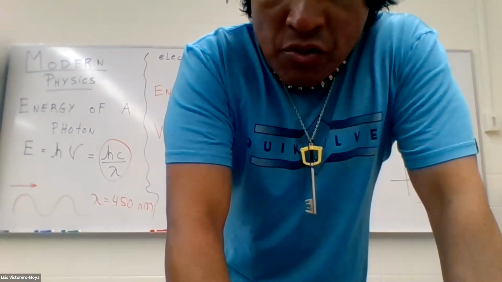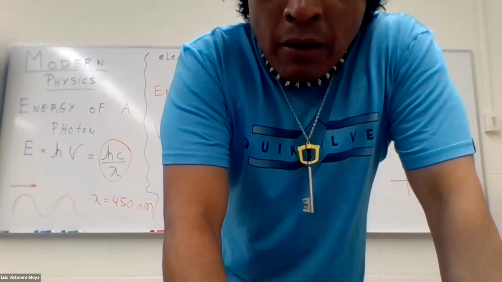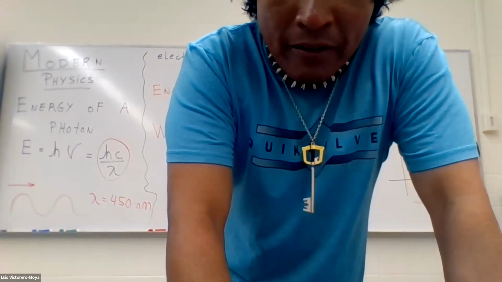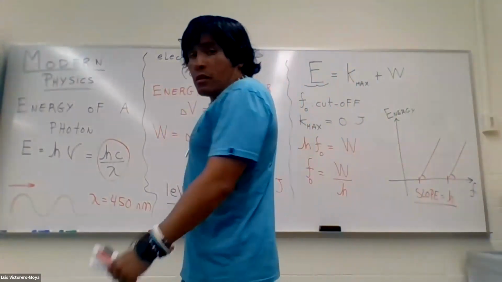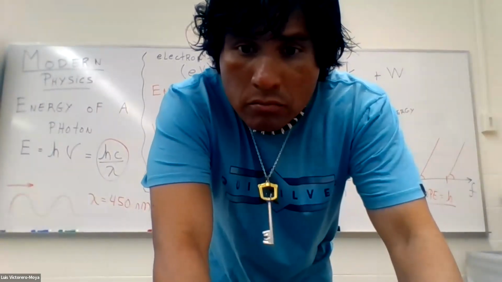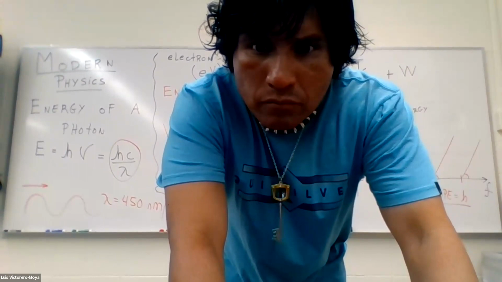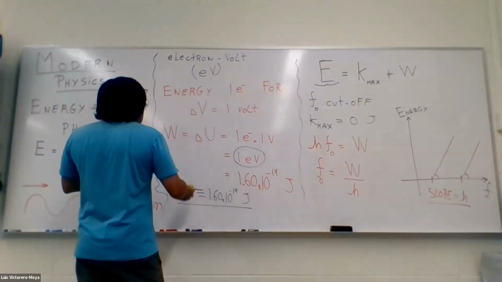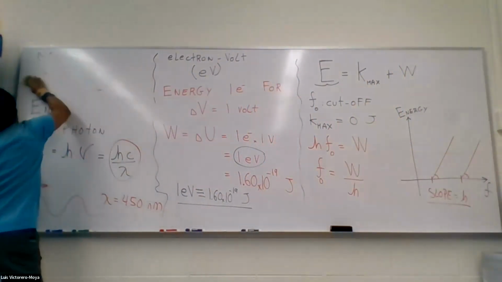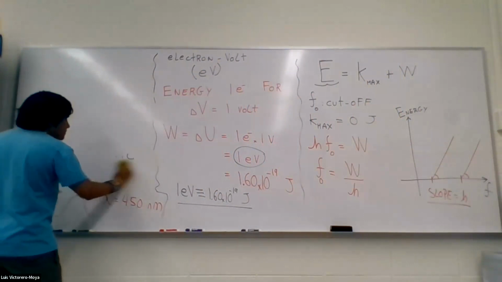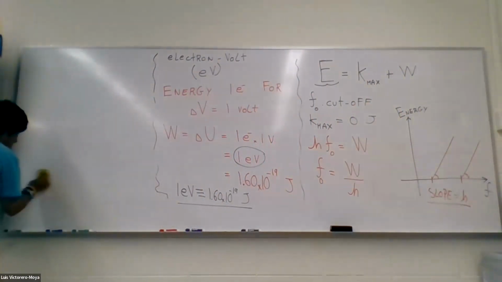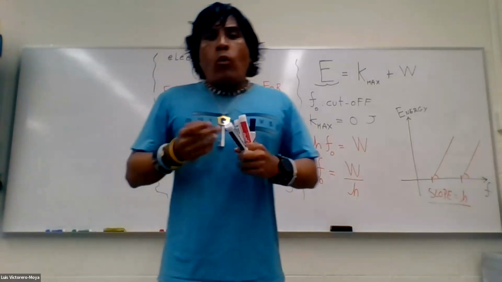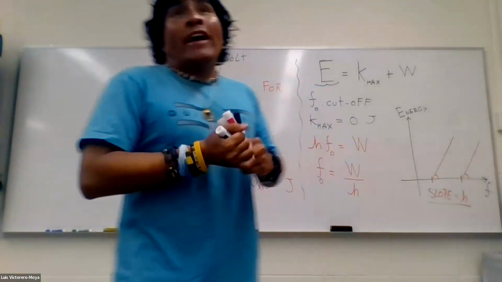So what questions can you have in the final exam? A question like this. You can be asked, find the wavelength of a given photon with a given amount of energy.